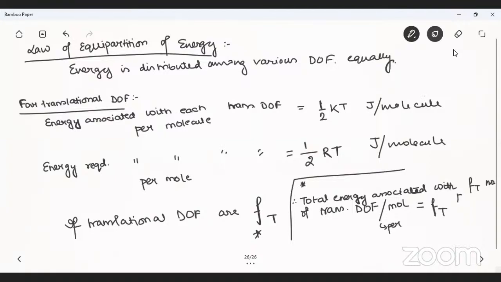FT RT by 2, joule per mole. Okay, up to this, is this part clear or not? This is the definition and the formulas.